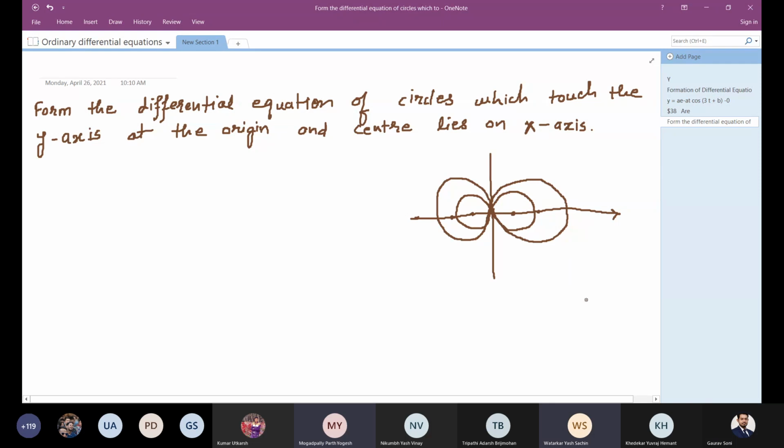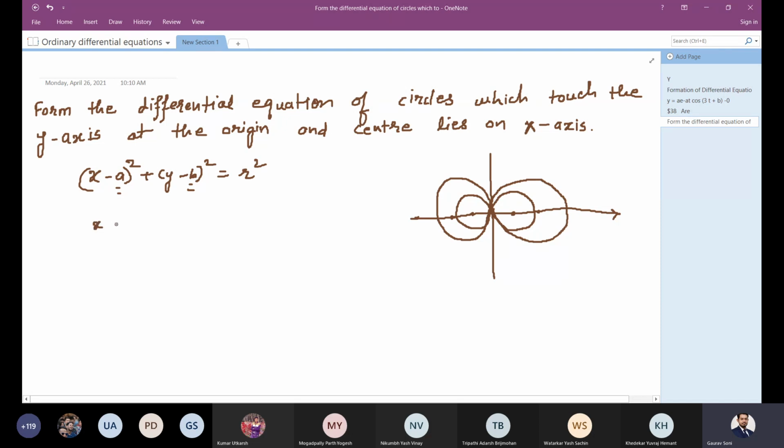The center and radius form is x minus a whole square plus y minus b whole square equal to r square, where a comma b represents the center of the circle, and the center, as you can see, is always on the x-axis. So the y coordinate will always be 0.